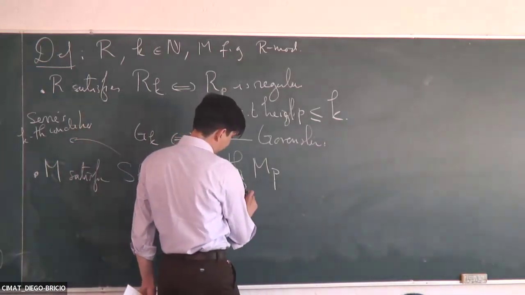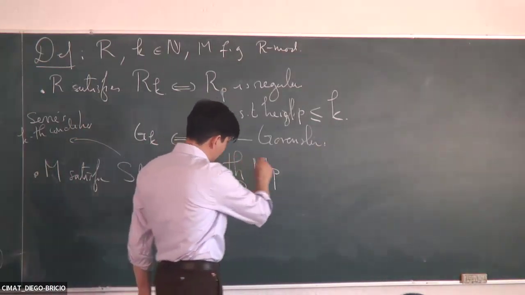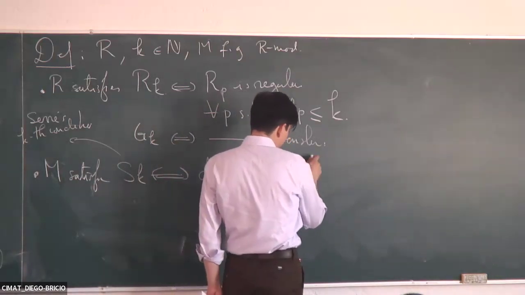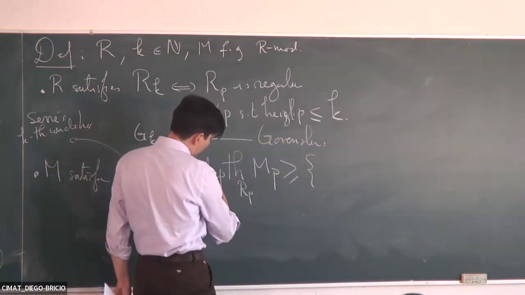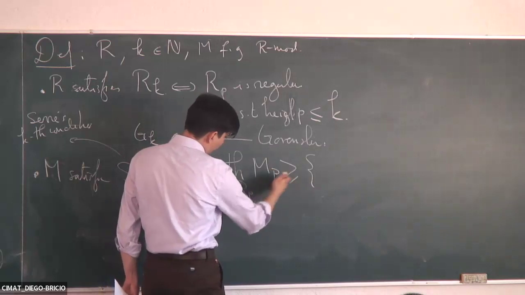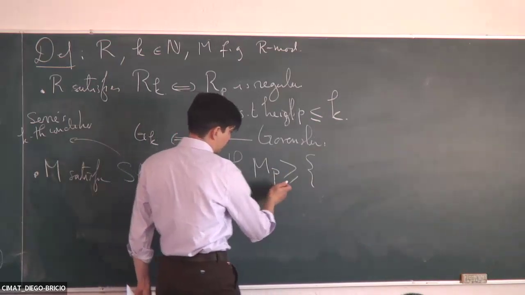over Rp, okay, then it is at least, right? It tells you we want the depth to be big, right? This gives you a lower bound of what the depth is. It's a good condition.